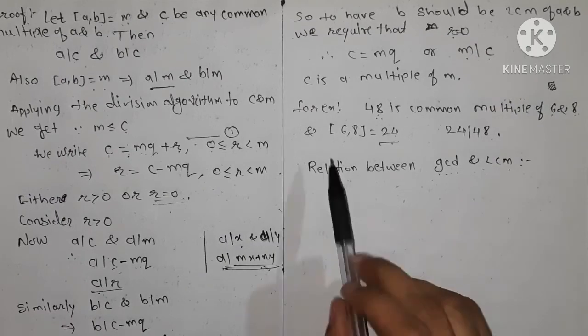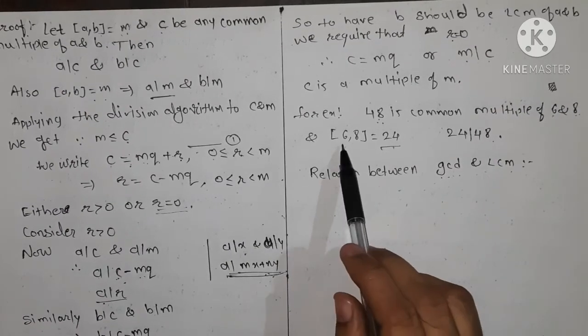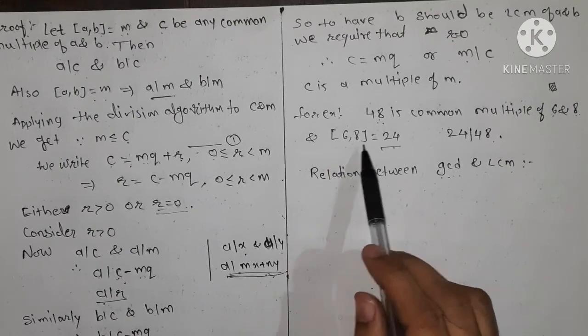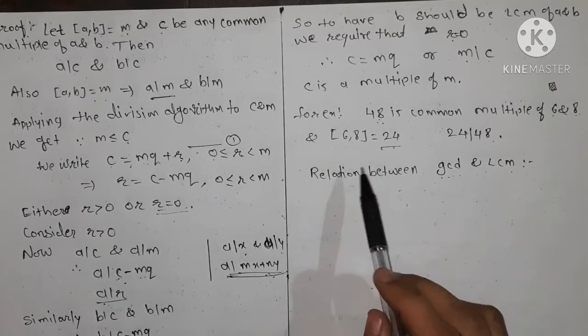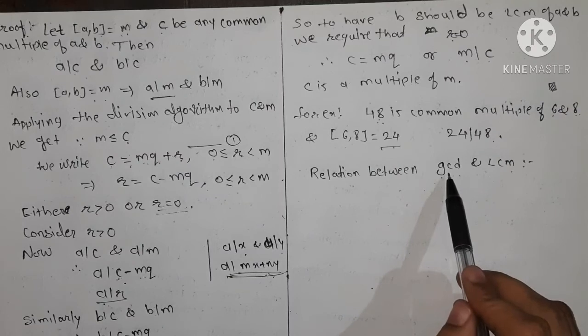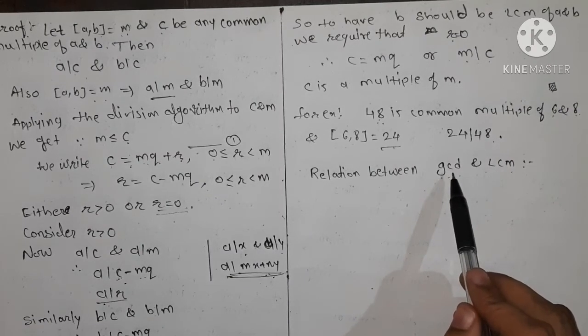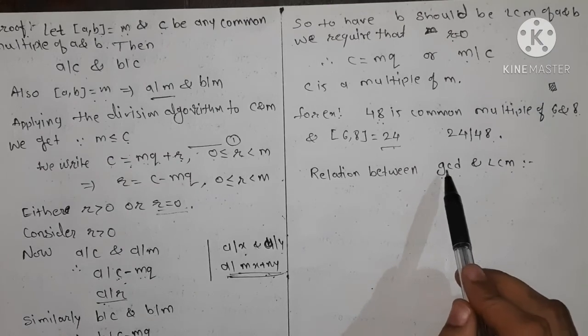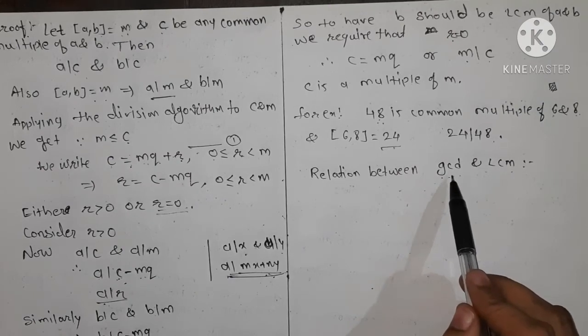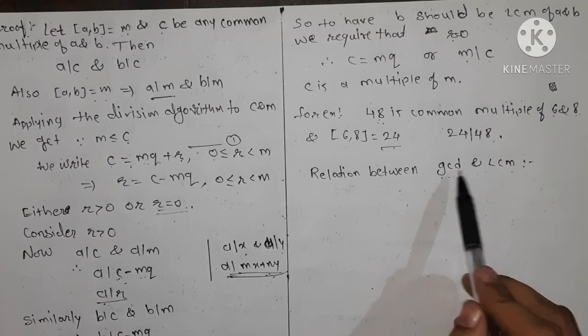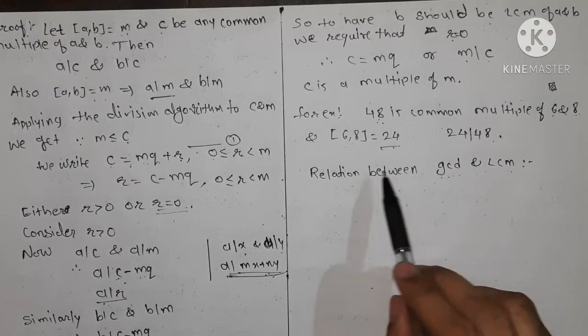Up till now we have not seen a method to find the LCM of numbers. So we use the GCD, as we have the method, the Euclidean algorithm, from which we can find the GCD of any two integers.